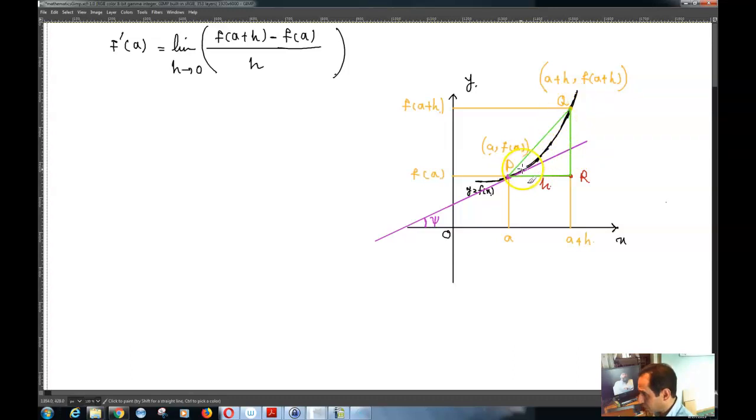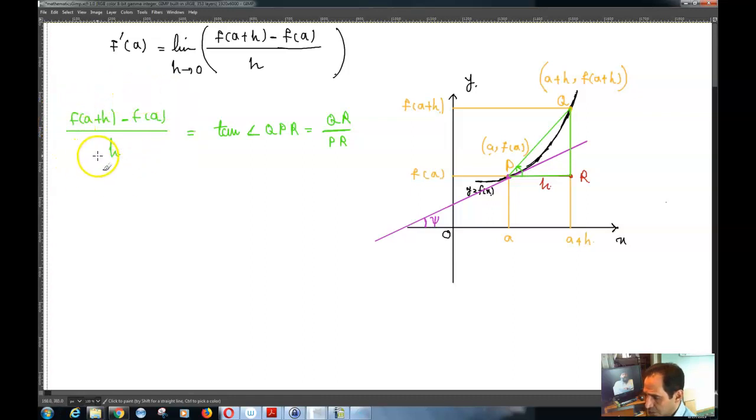Tan of angle QPR is this angle over here, and the tan of this angle is the opposite over adjacent. So tan of angle QPR is equal to QR divided by PR, which is incidentally equal to f of a plus h minus f of a over h.